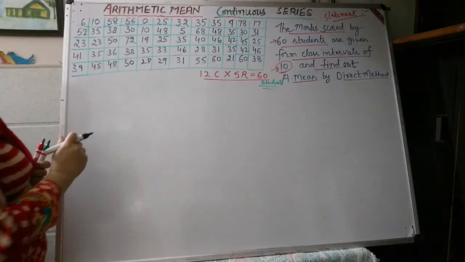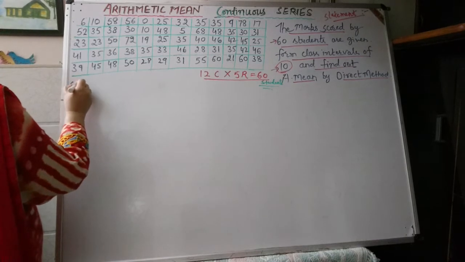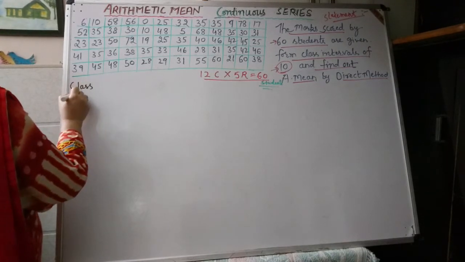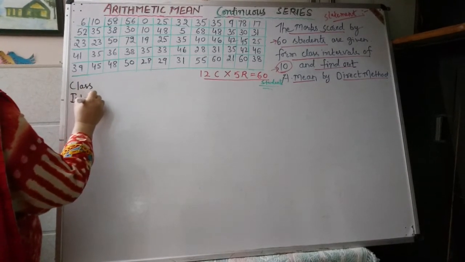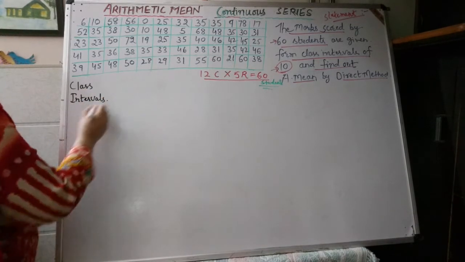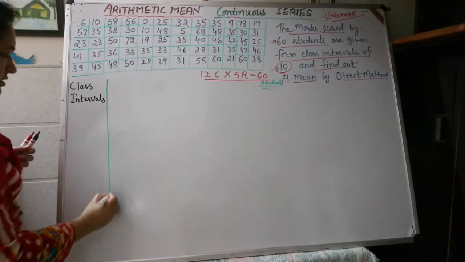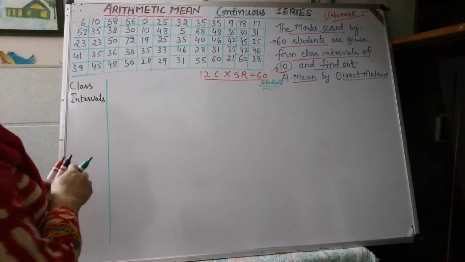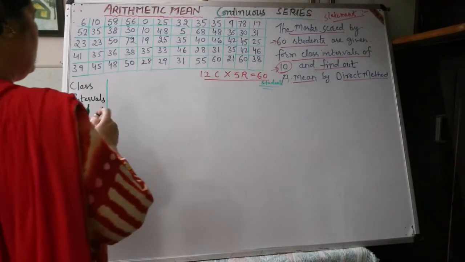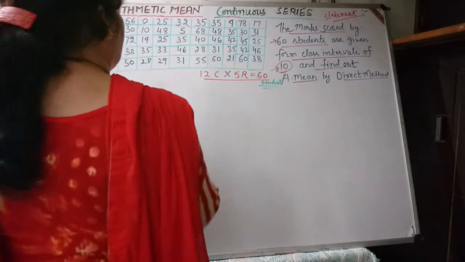And we have to prepare, first of all, class intervals. Let us start with class intervals. By inspection, I think 78 is the highest value.